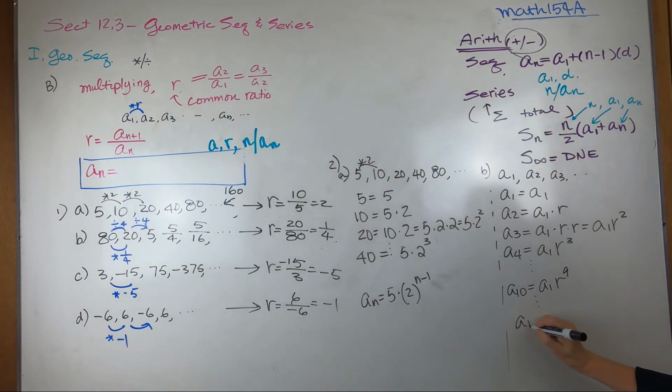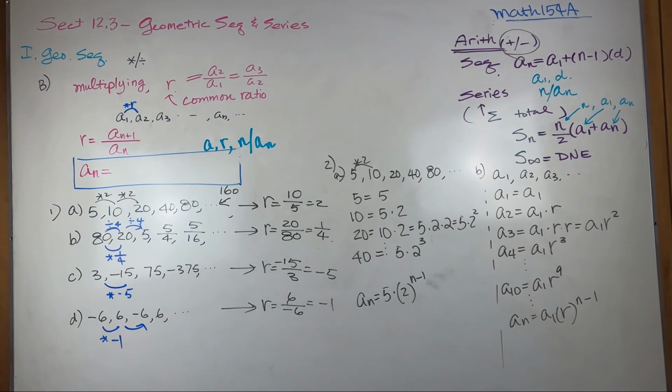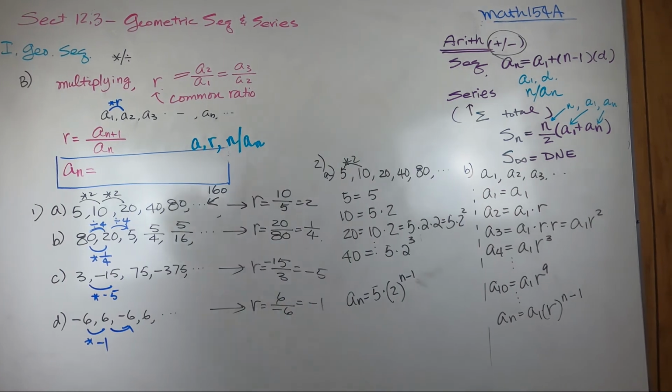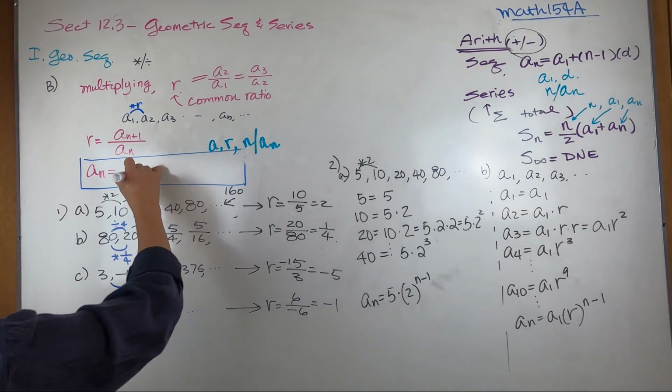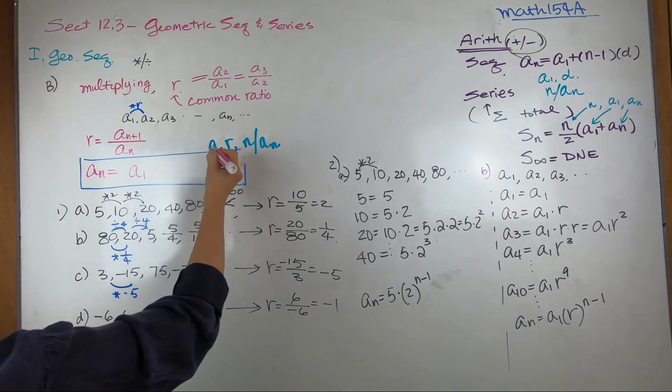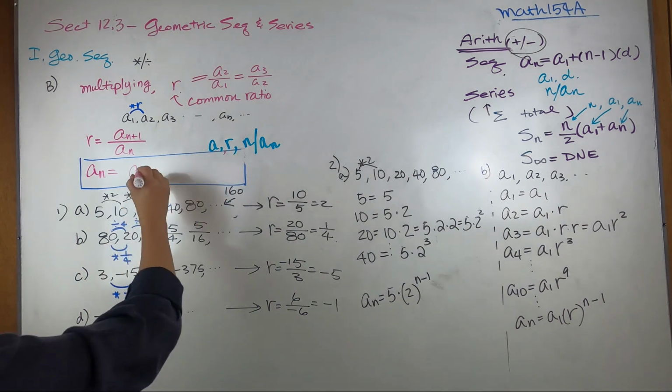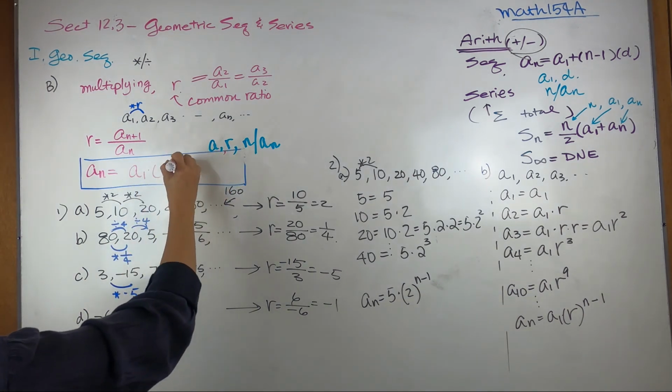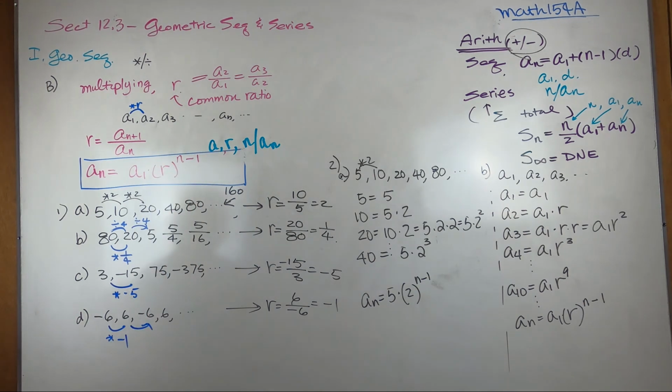Same thing here, AN should be A1 times R to the n minus 1. That's our formula. So the formula is A1 times R to the n minus 1.